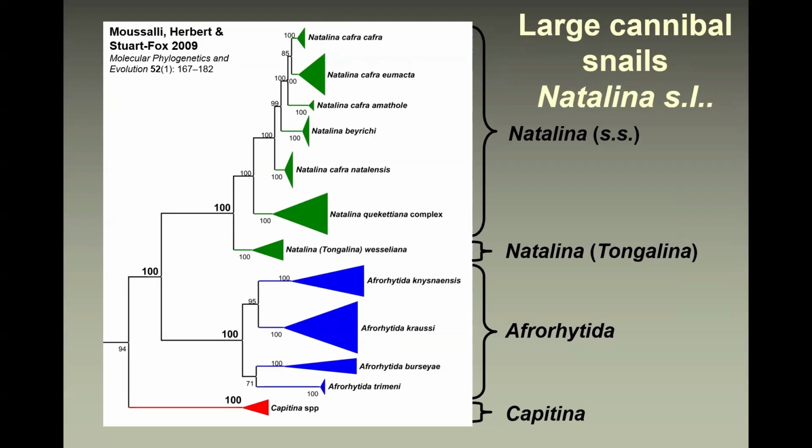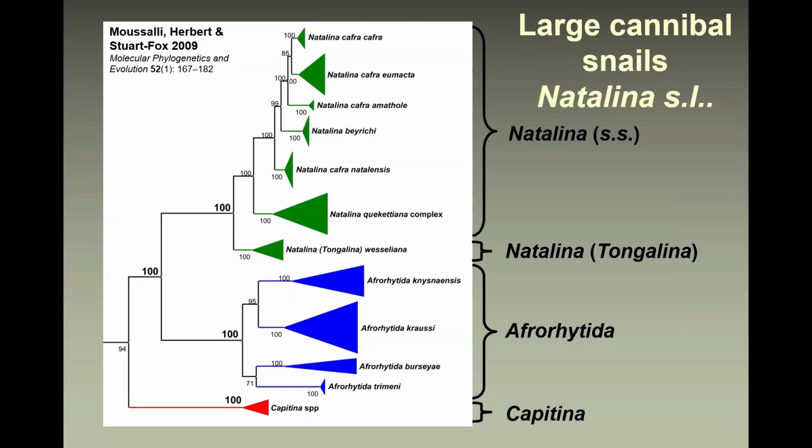But now we could see, taking this in combination with the morphological information, that it really isn't appropriate to regard these as subgenera of Natalina, and it's actually much more appropriate to consider them as full genera.